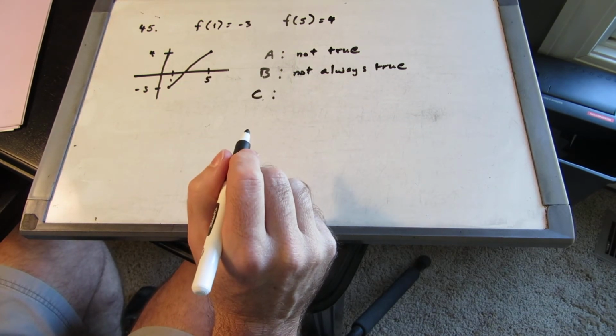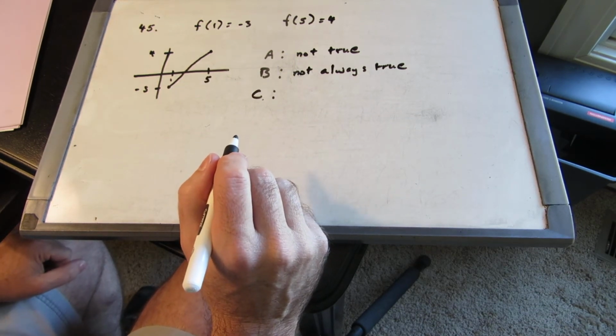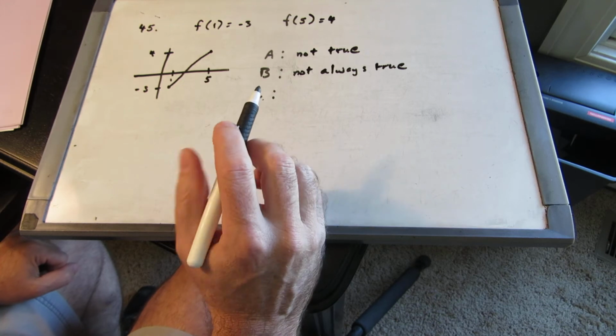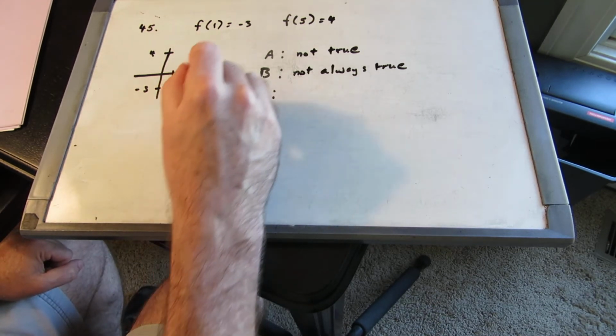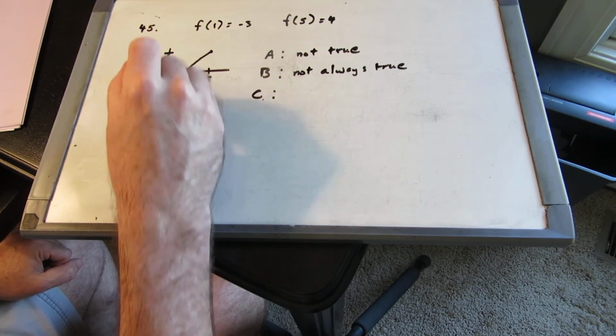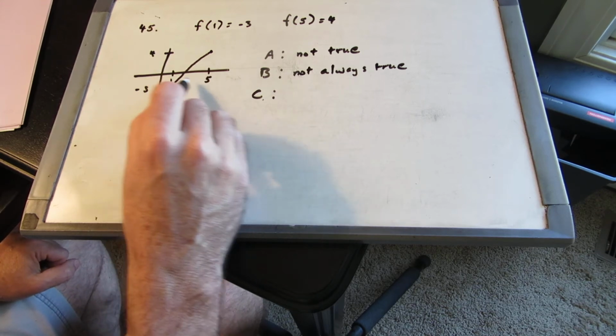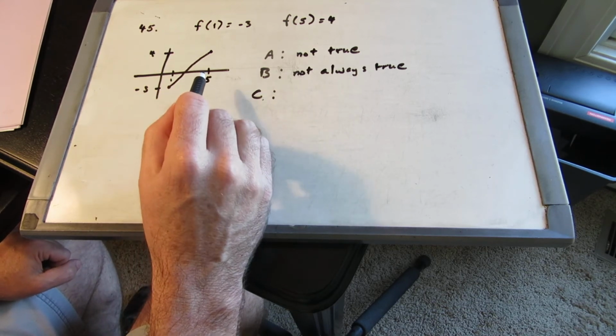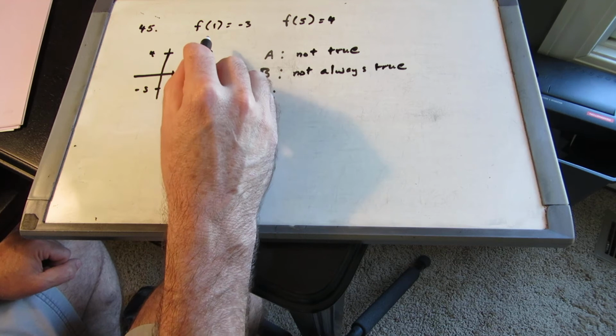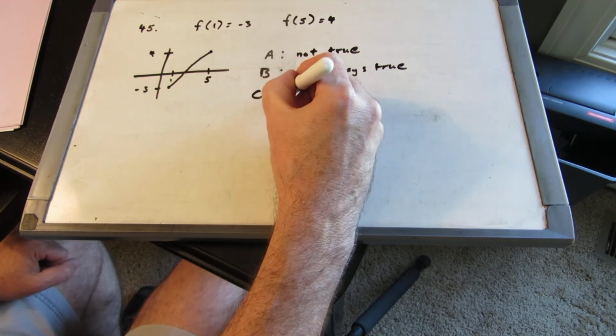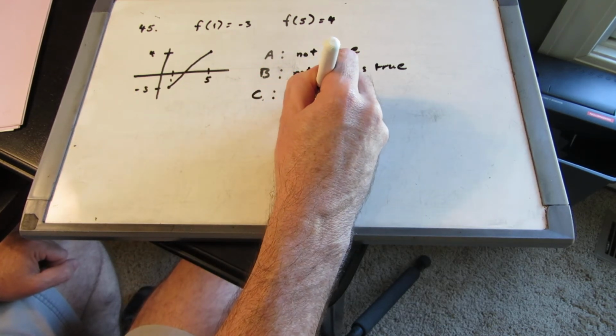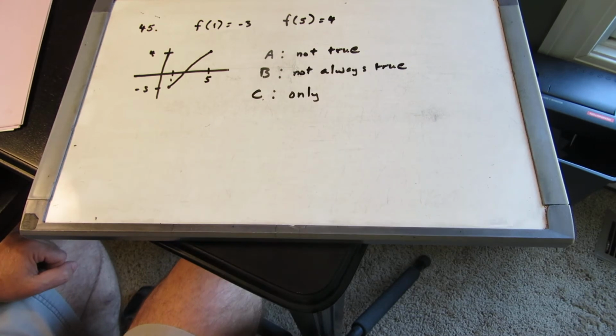Part C says f prime of x is equal to 7 over 4. Well, that is the slope here, 7 over 4, change in y, which is 7, over change in x, which is 4. However, that's only the case if it's a straight line the entire way. That might be the way I drew it, but that's not necessarily the way this function is.